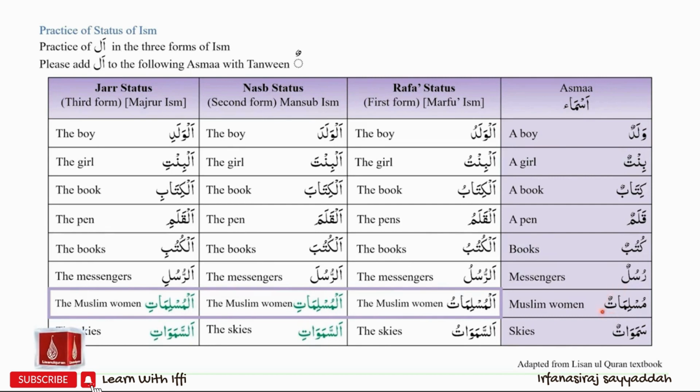Atun represents the Rafa status and atin ending sound represents the Nasab or Jarr status. So we have al-muslimatu, al-muslimati, al-muslimati. So in the Nasab status, we do not need to add a zabar. This should be on the pattern of ati and ati. We have to focus on the ending sound in this case.